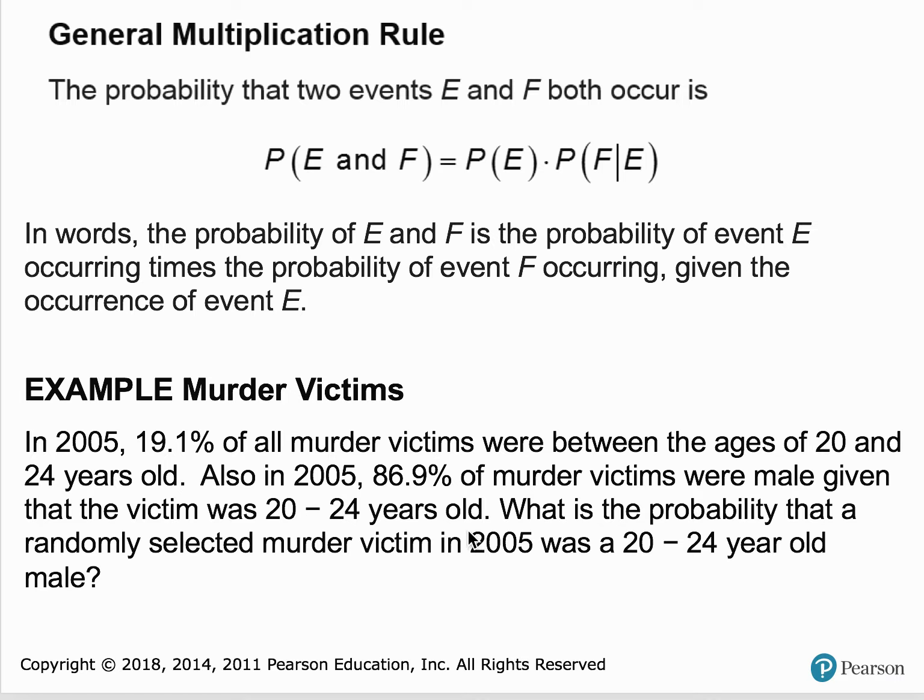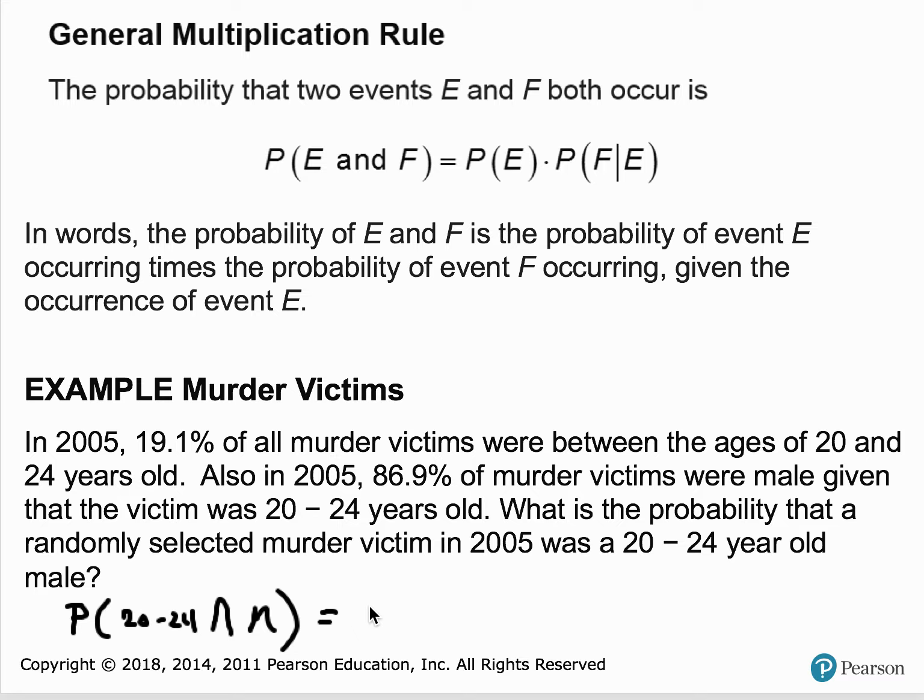Okay, so we want to know what's the probability that the person is 20 to 24 and male, right? That's what this means, that he's a 20 to 24-year-old male. It means he's 20 to 24 years old and he's a male.